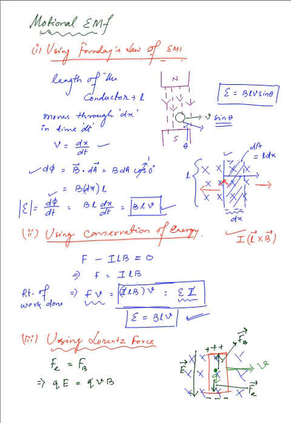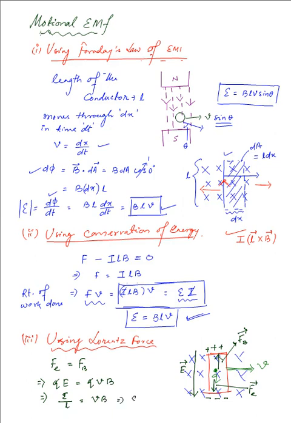The q's cancel out, because the electric field is simply the potential over the length considered. Here the potential difference is the EMF, which we represent by E, and that divided by L leaves vB on the right hand side.